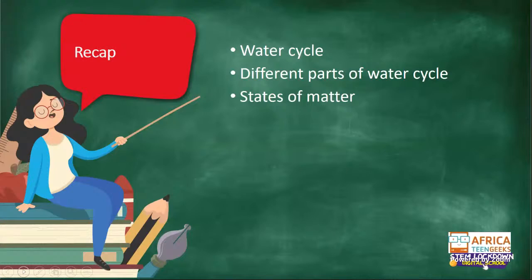Okay, Miracle, I hope you can hear me now. Those are the parts we did yesterday: evaporation, condensation, precipitation, as well as collection. Those are the things that we learned yesterday.